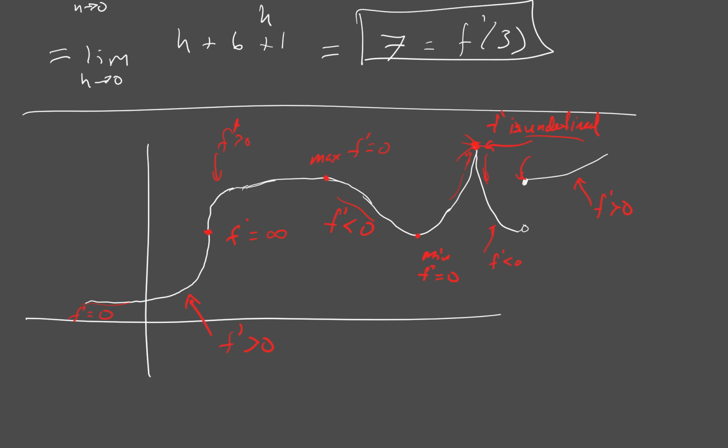So graphically, you can see what the tangent lines are doing, and that tells you what the slope is doing, which tells you if the derivative is positive, negative, 0, infinity, undefined, that kind of stuff. So that's your geometric interpretation and your actual mathematical definition of what a derivative is at a certain point. In the next video, we'll do some examples of actually finding a tangent line and a couple more of computing a derivative.